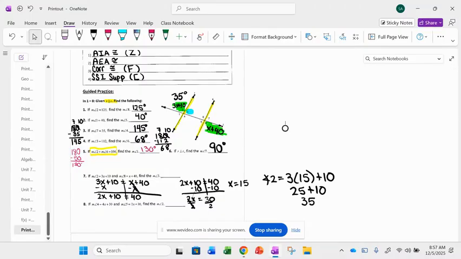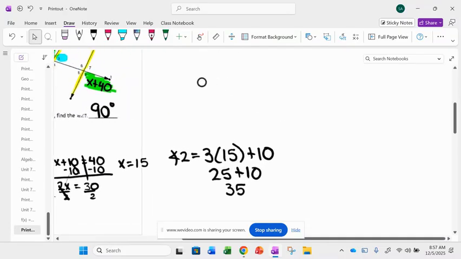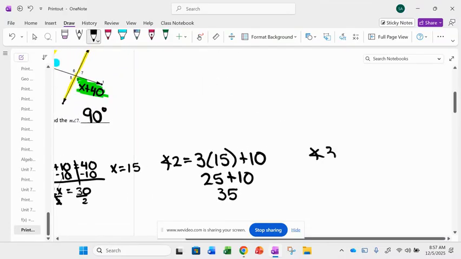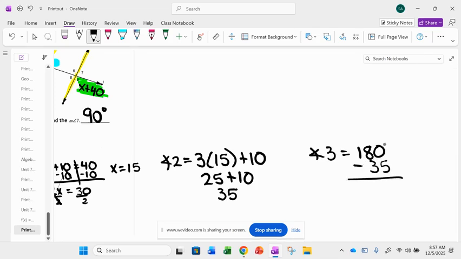Well, didn't we just say 2 and 3 were supplementary angles? They make that straight angle. So now angle 3 is going to be 180 minus 55. So we borrow from the 8. 10 minus 5 is 5. 7 minus 5 is 2. Sorry, guys.